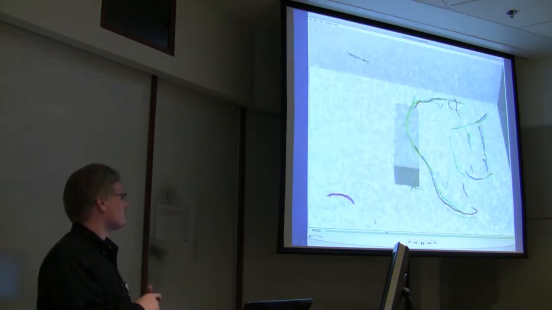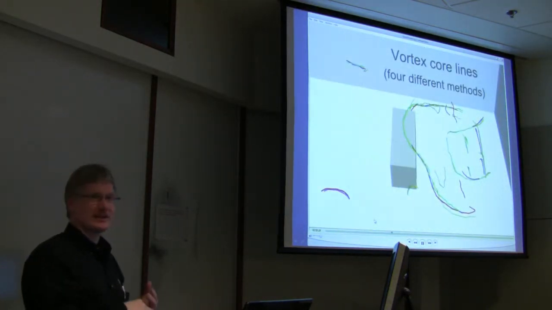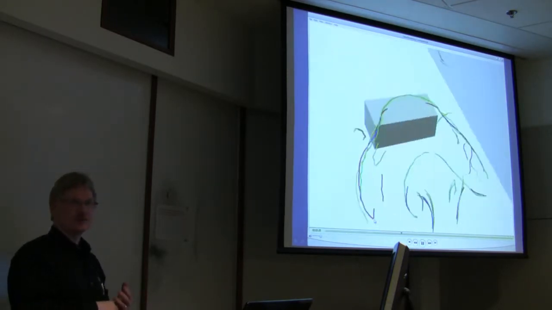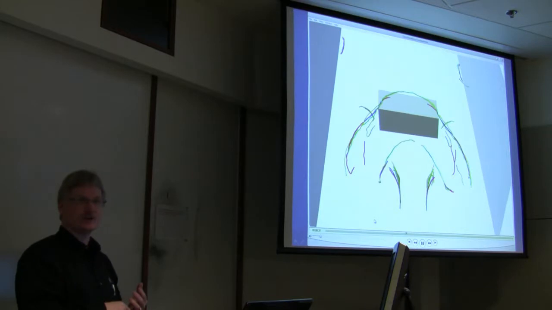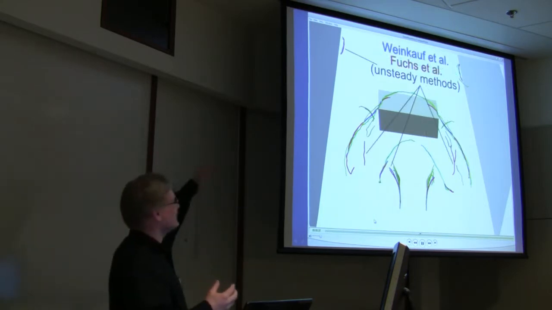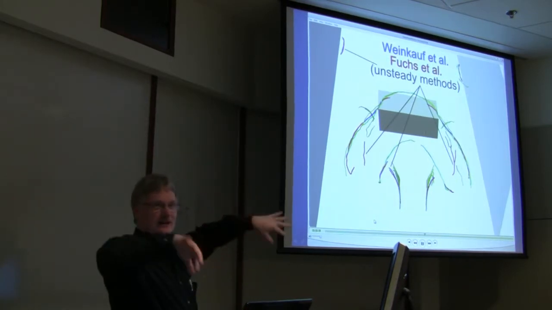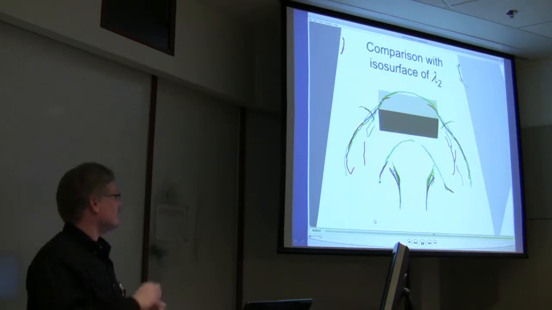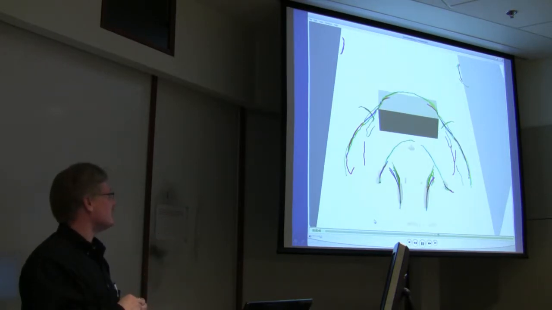In this case, they're trying 4 different vortex core identification algorithms to say, okay, of these algorithms, which ones catch the vortex cores we're looking for, how similar are they, and so it's basically a comparison technique among algorithms. So this is the same simulation data, the flow past the block, with 4 different algorithms for deciding where vortices are.